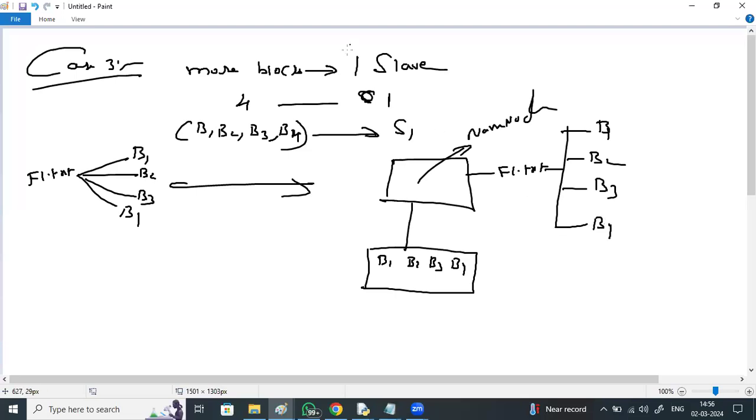B1 is stored by S1 only, B2 also by S1, B3 also by S1, B4 also by S1. Everything by S1 only.